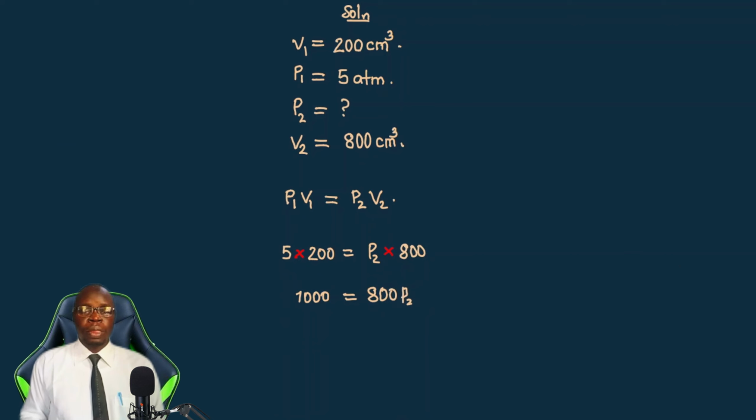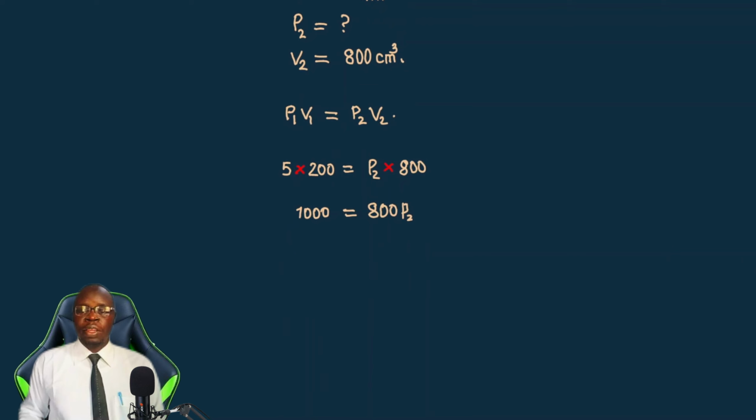800 P2. Now we can rearrange, having this 800 on this side such that our unknown will just be on the left hand side here. So our 1000 comes here.